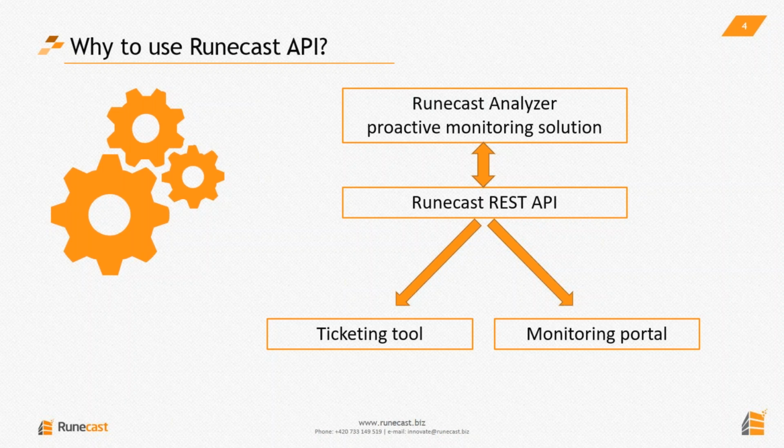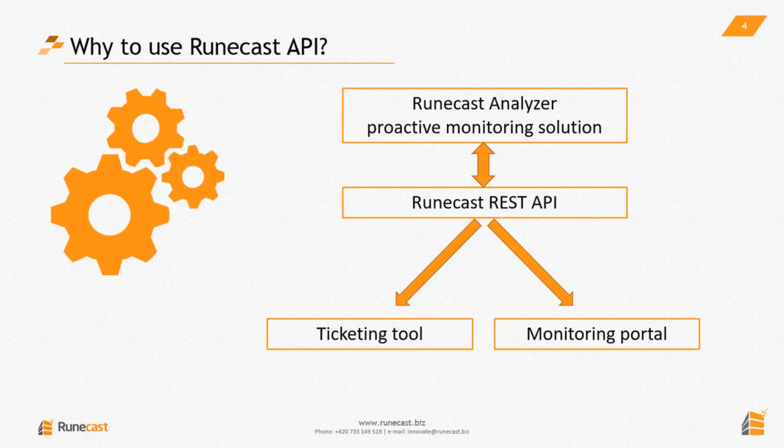If your favorite change management or ticketing tool has such capabilities, you can query Runecast Analyzer through the API and automatically create tickets based on the issues found in your environment, so somebody can react and look into those.